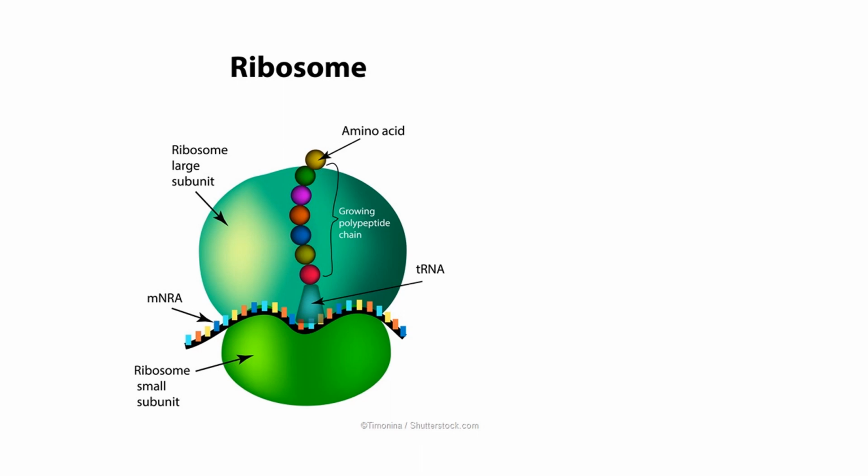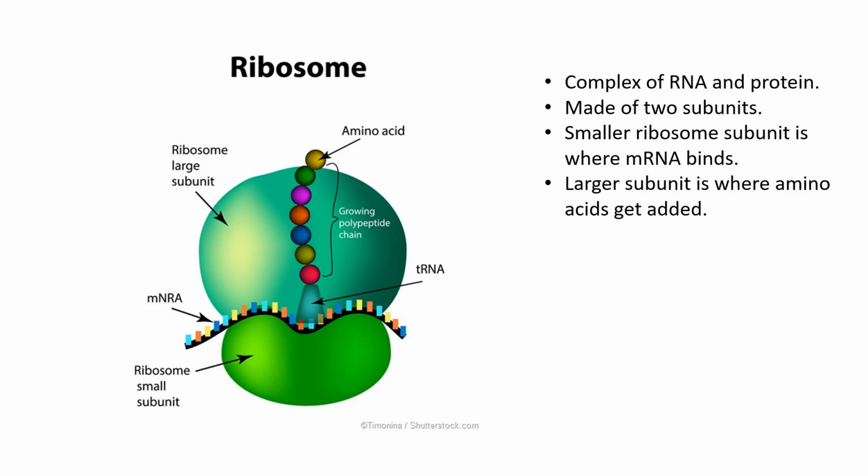Ribosomes can also be found in the cytosol, which is another location of the ribosomes. A ribosome is a complex of RNA and protein, and hence it is known as a ribonucleoprotein. Ribosomes are found either in the cytosol or attached to the rough endoplasmic reticulum.